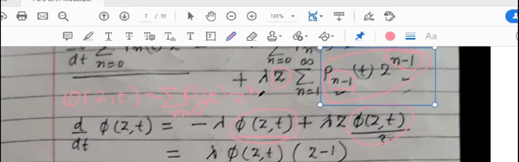This is the phi(z,t), the probability generating function. In place of this also we have substituted this thing. This is also phi(z,t).